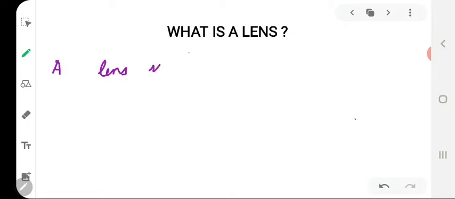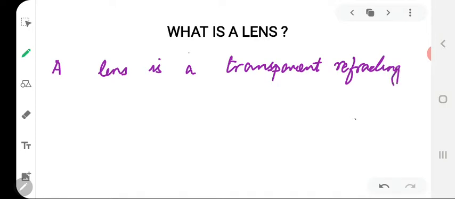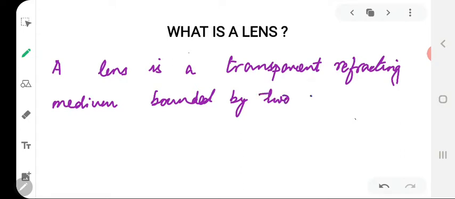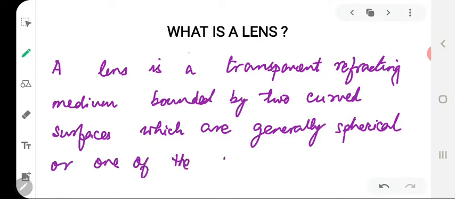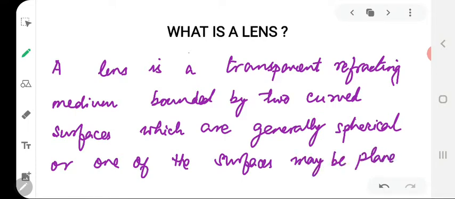A lens is a transparent refracting medium bounded by two curved surfaces which are generally spherical, or one of the surfaces may be plane.